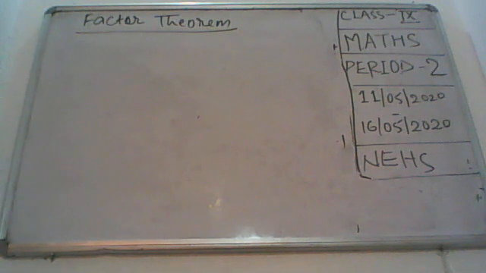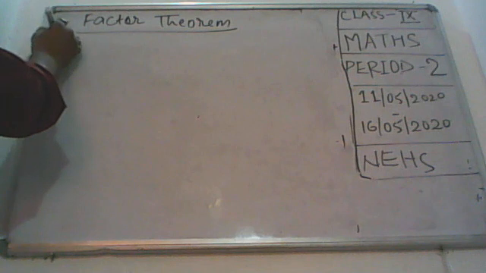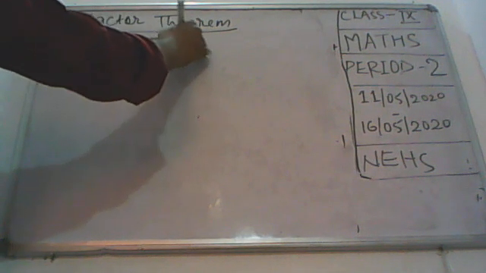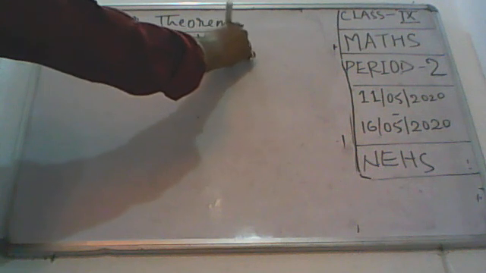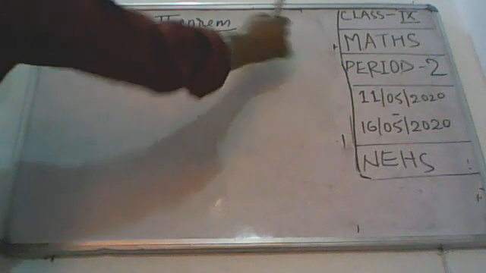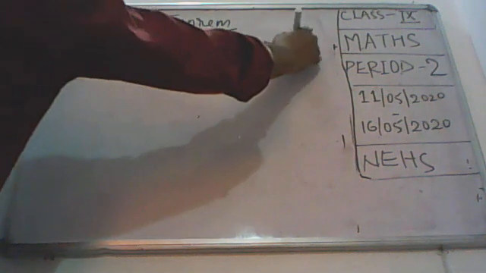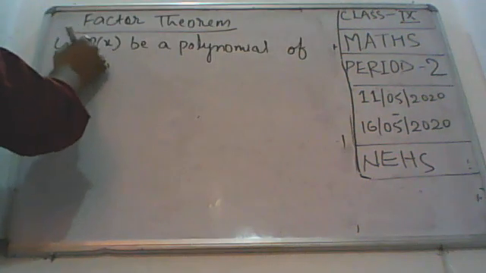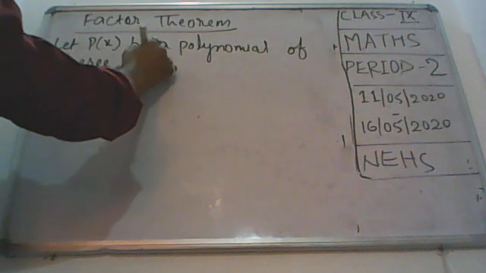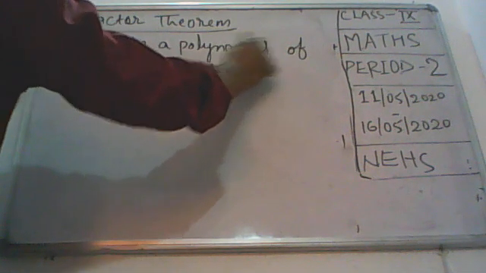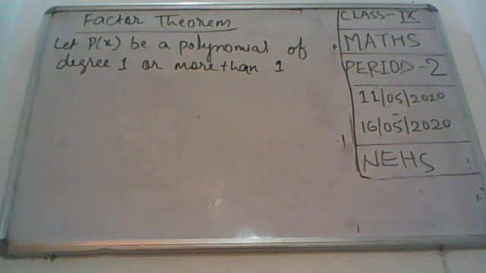What is that statement? Let p(x) be a polynomial. That means all the variables are in the form of x, of degree 1 or more. Its degree should be that of a linear polynomial or more than that.